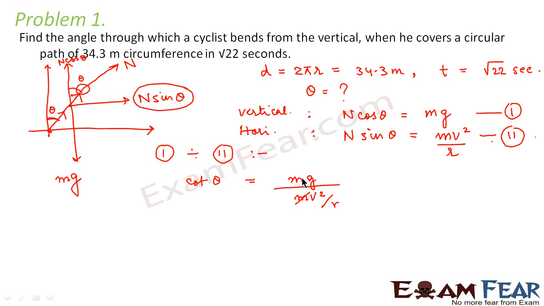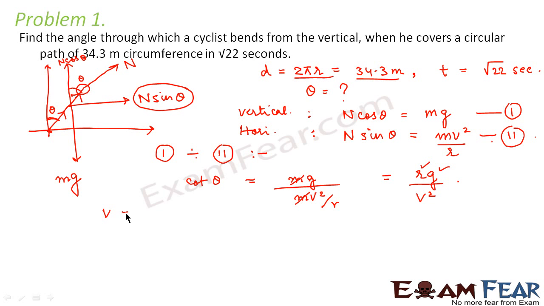So this m and m get cancelled, and we get rg divided by v square. This is the value of cot theta. Now we can put in the values which we already have. We know the value of r because 2 pi r is equal to 34.3. We know g. Now we need to calculate the value of velocity.